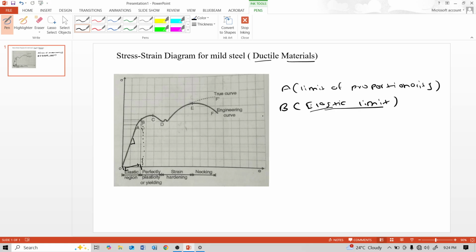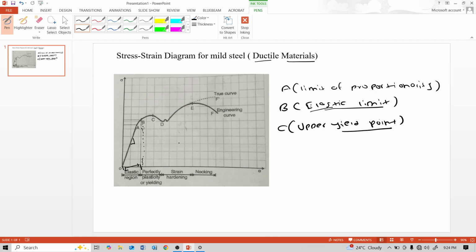This point C is the upper yield point. What is the yield point? The yield point is where the stress strain curve shifts from elastic to plastic behavior.